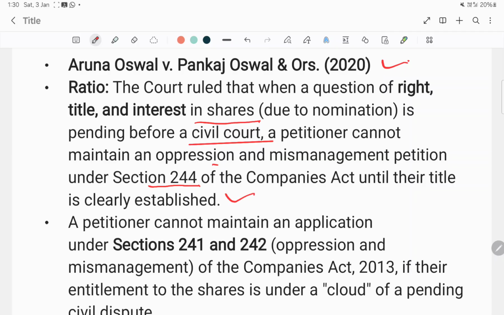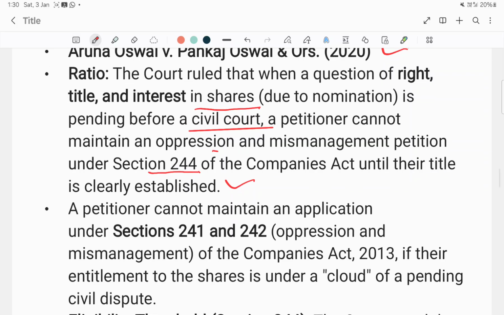In this case, Mrs. Aruna Oswal went to the Supreme Court and asked the court that there is oppression and mismanagement in a company, but at that time she did not have a right, title, or interest in the shares, because that issue was already pending in a civil court.